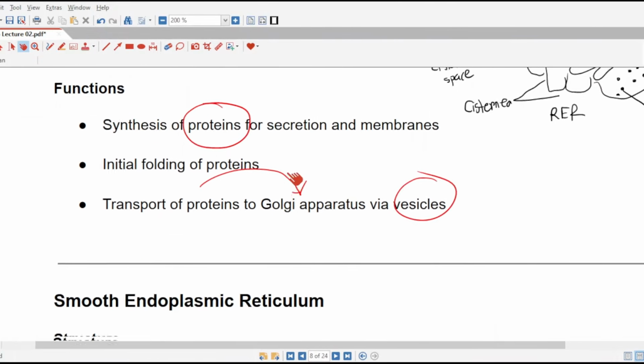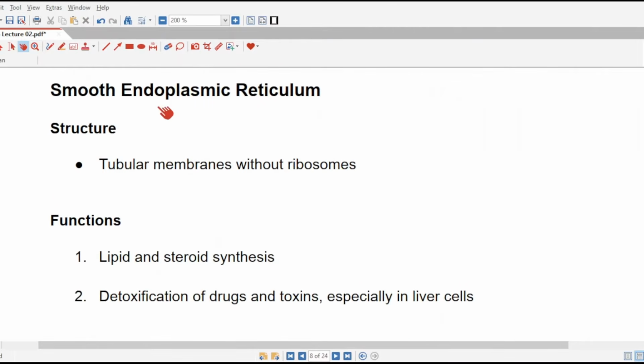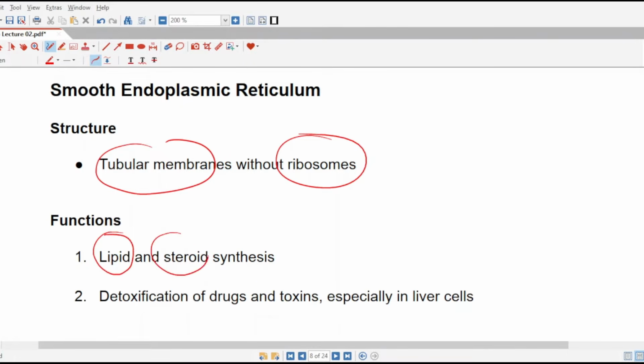Okay. And smooth endoplasmic reticulum is a tubular structure and it doesn't have any ribosome at all. And what are the functions? The first function is that it doesn't have ribosome, that's why it doesn't make protein, it will make lipid and steroid. Steroid is a type of lipid, so we can easily remember that the smooth endoplasmic reticulum basically makes lipid.